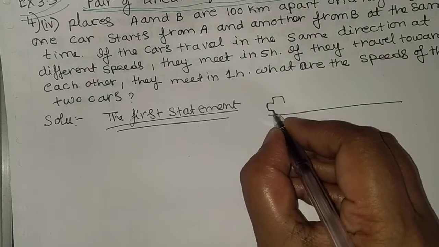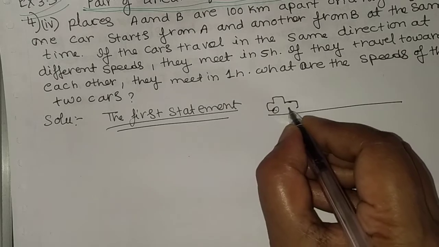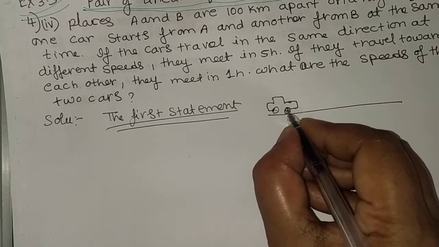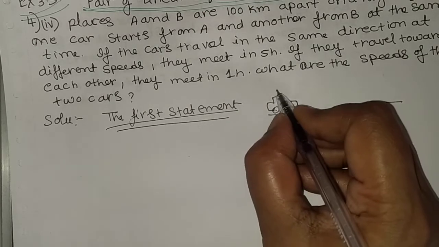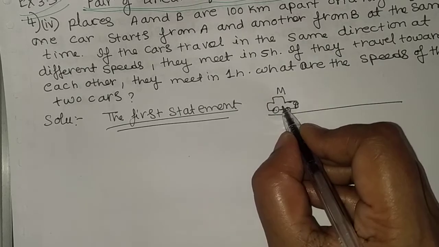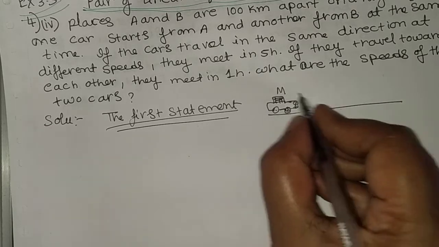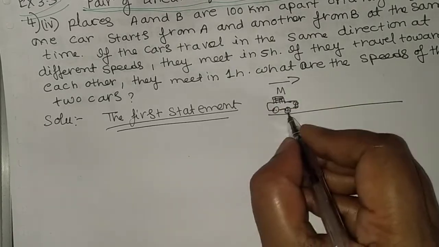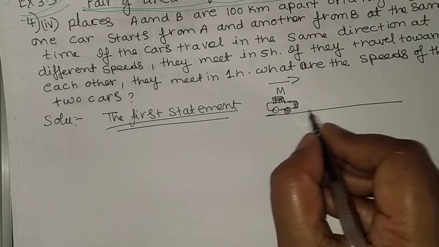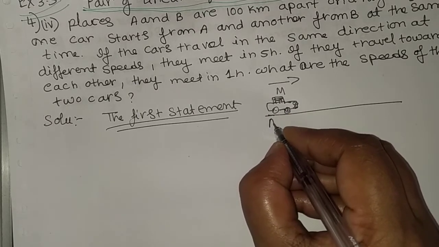We'll name this car as M, and it's traveling in this direction. I'll explain this while solving. According to the question, this is A.